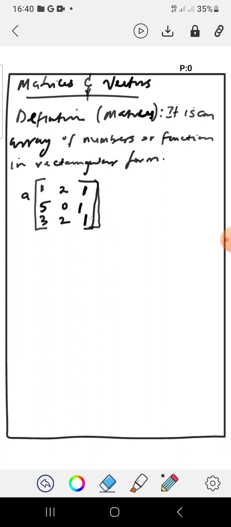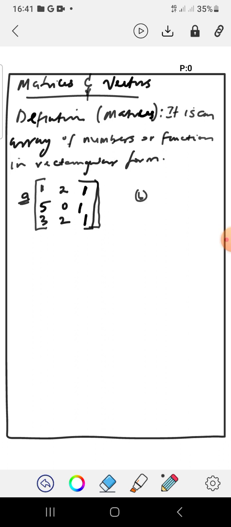You have put those numbers in that box, meaning that you have actually defined a matrix from those numbers. You can also have it filled with functions.